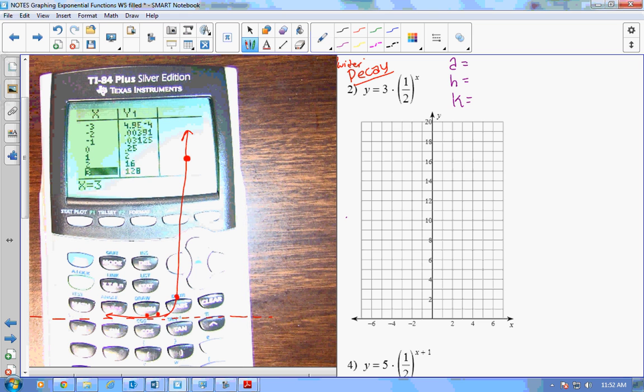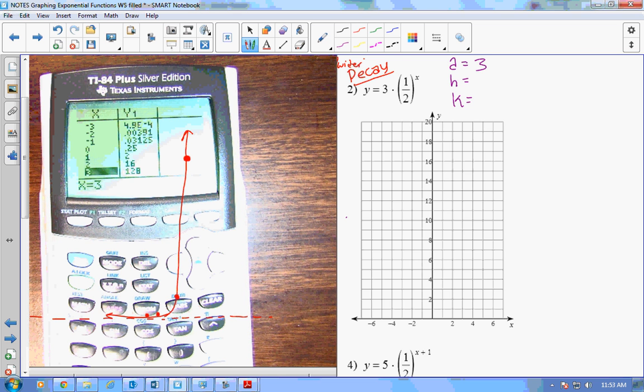Fingers in the air. What is A? What is our multiplier A? Thank you. Oh, that's the base. What's the multiplier A? That's in front of the base. 3. All right, Alex. 3 is our multiplier. Can you tell me what that does to the graph? It's greater than or equal to 1.